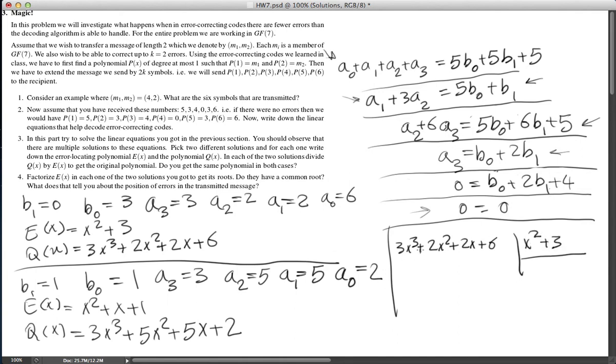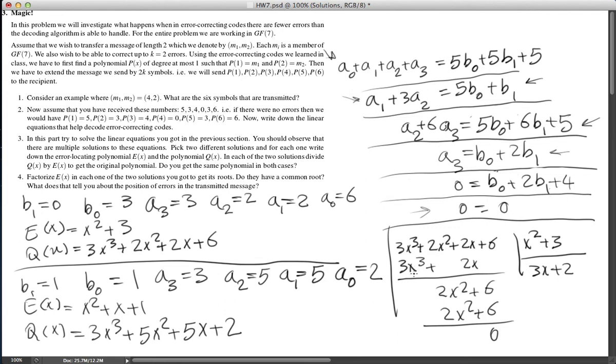For the first term we are going to get 3x here, right? So if you multiply it out, you get 3x cubed plus 3x times 3 is 9x, which is 2x, right? So now if you subtract this out, you get 2x squared plus 6. And then for the next term, we're going to get 2 here. So 2 times x squared plus 6, which when you subtract out, you get 0.